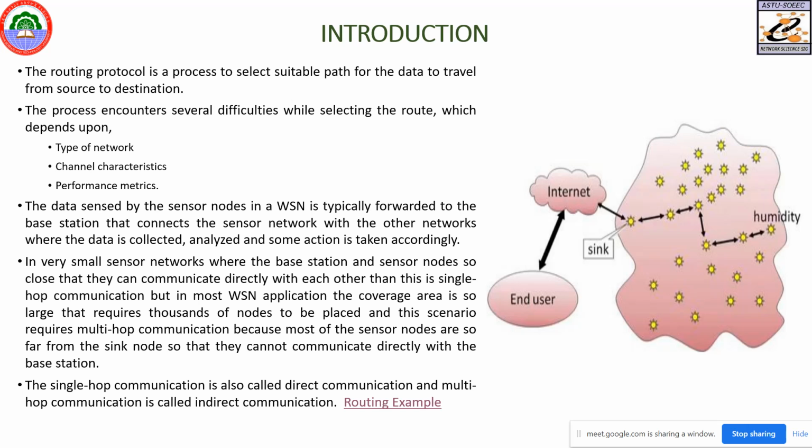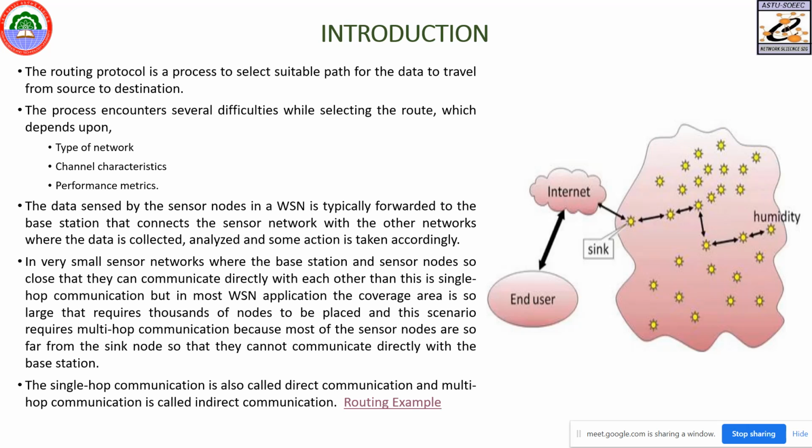When we deploy various types of sensor nodes, they can communicate directly when they are in the same communication range of each other. There is no need for any mediator to transmit the information from source to destination.